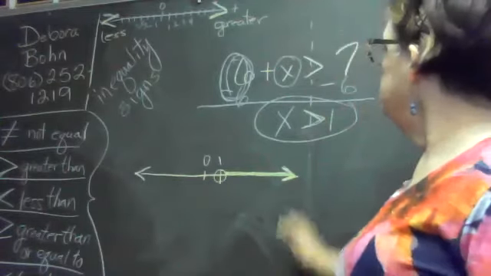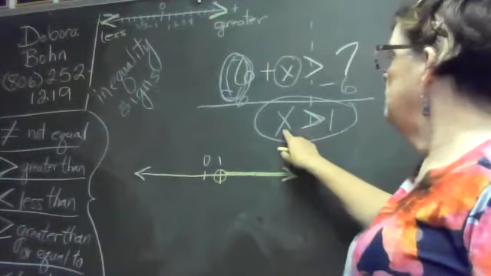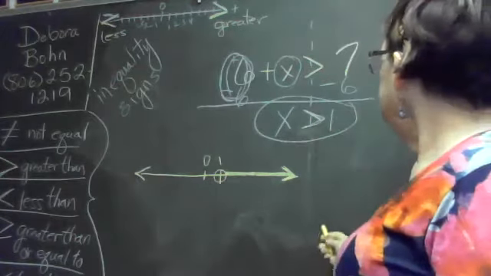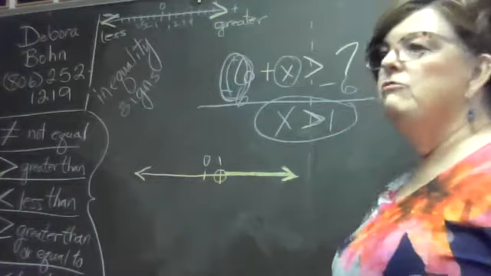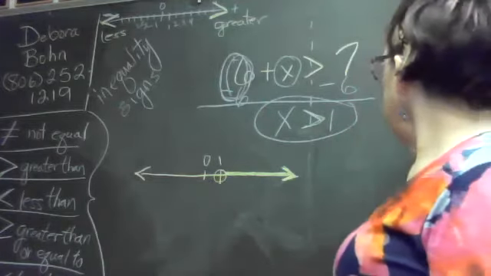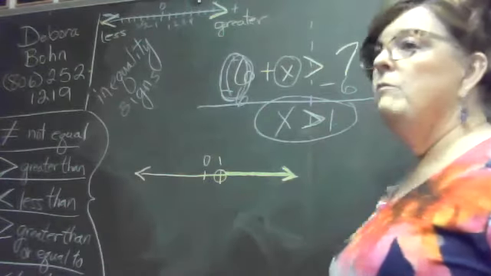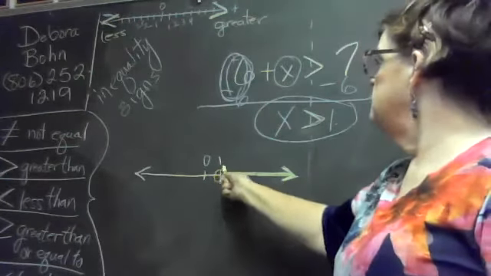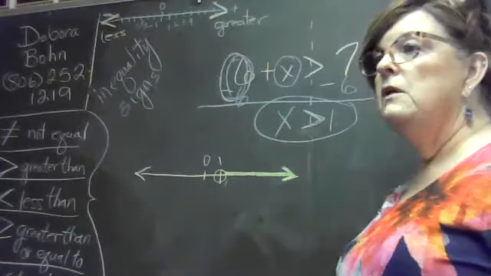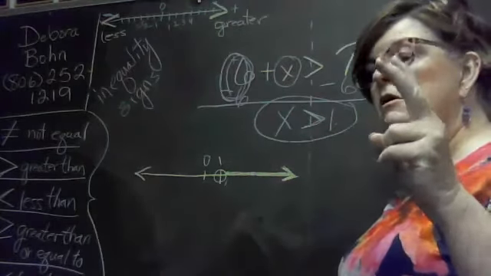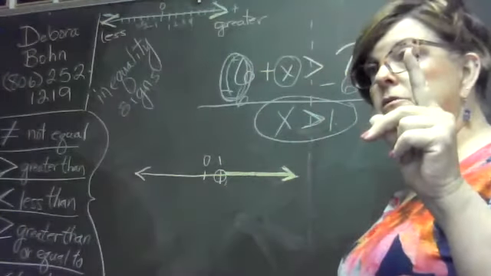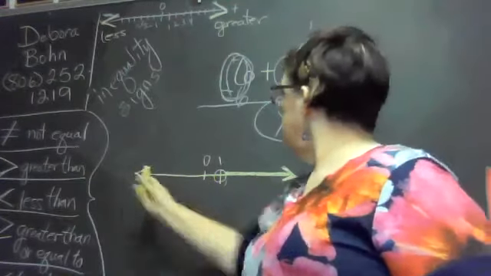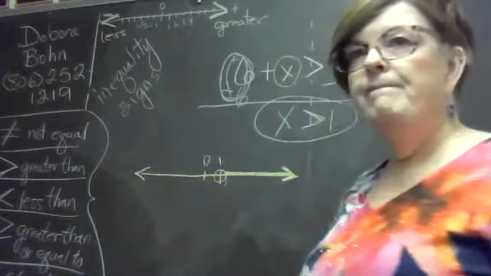So again, what I do if I want to graph this, it only has one variable, so I'm going to have one line. And then I'm going to put my 0, because I put it in every one of them, and I'm going to find out where my important number is. And it's so important that I'm going to circle it on the number line. Now I have 2 decisions to make. Do I color in the circle? And where do I highlight on the line? Do I go this way or do I go this way?